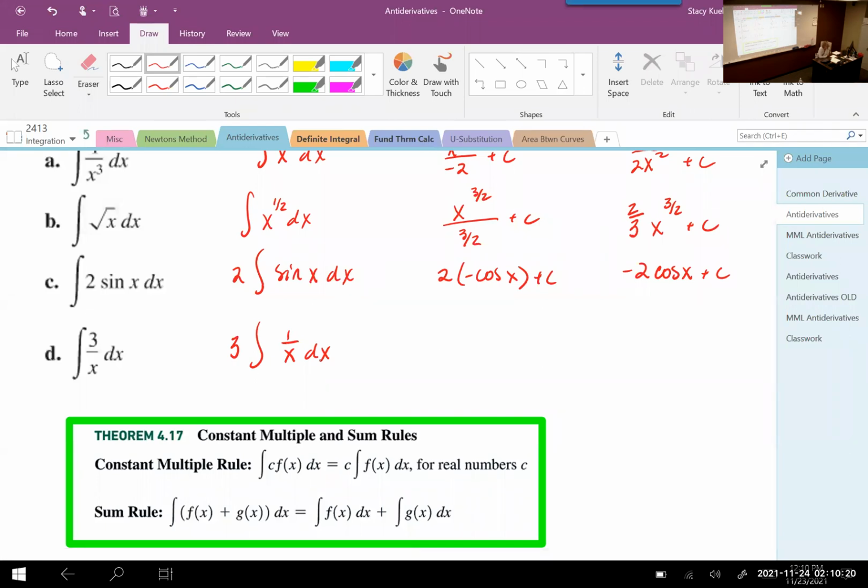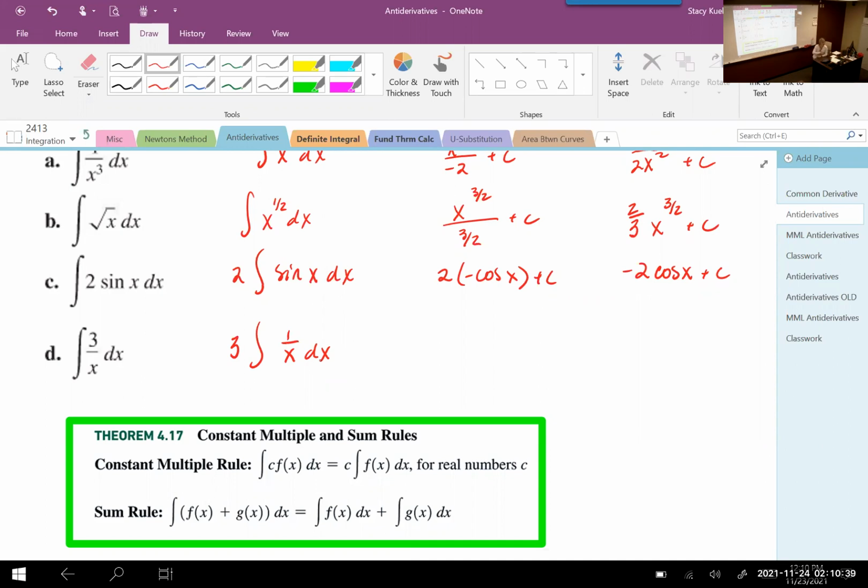We want to add something to this exponent, but you can't do that here, because can you think of a function that when I take the derivative, I get 1 over x? ln x.